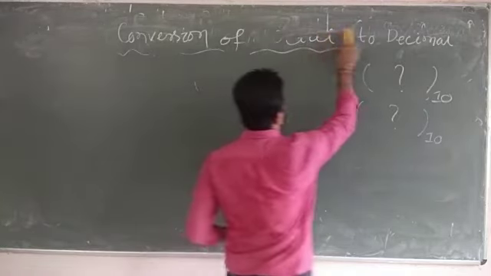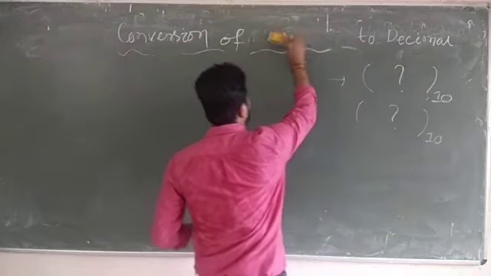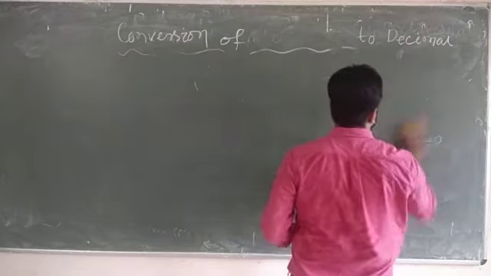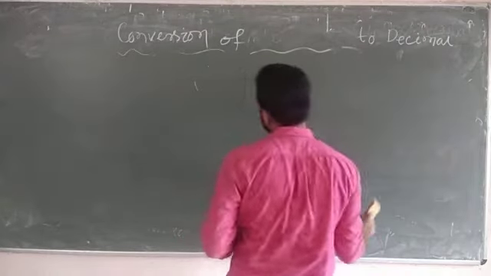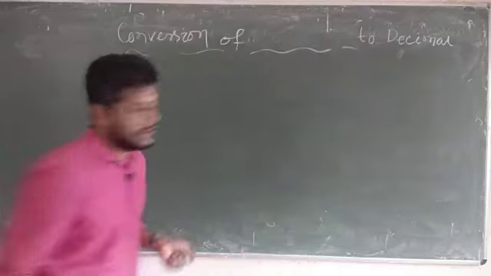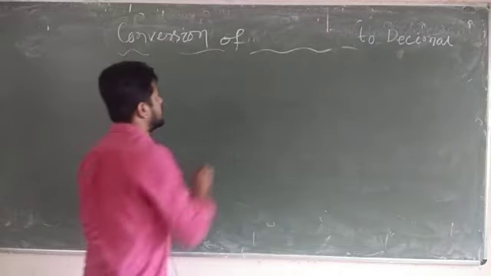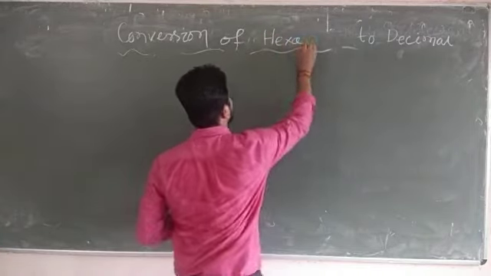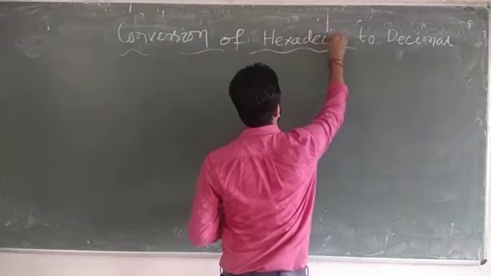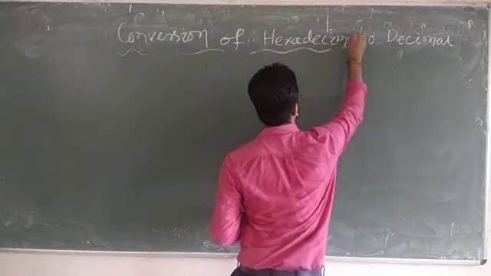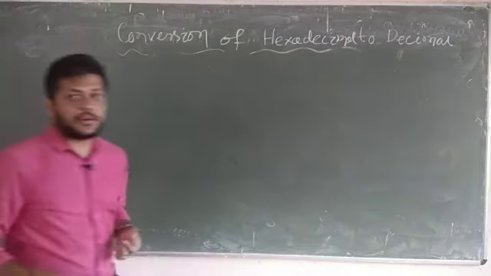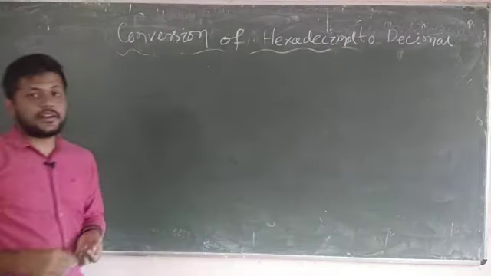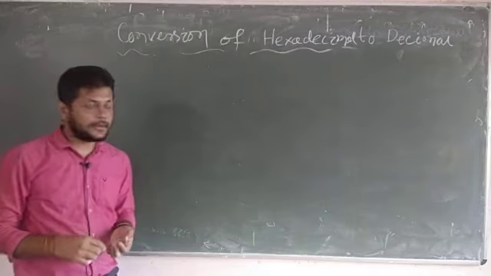Then the next is conversion of number from hexadecimal to decimal number system. Hexadecimal means the base is 16.